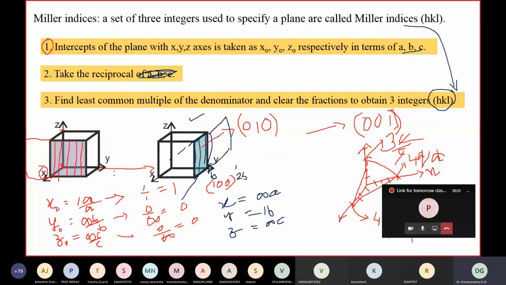Okay, so we have x-intercept as infinity a, y-intercept as 1b, z-intercept as infinity c. Then we have to express this in terms of ABC.